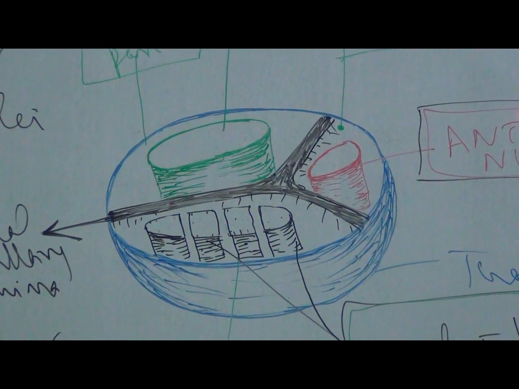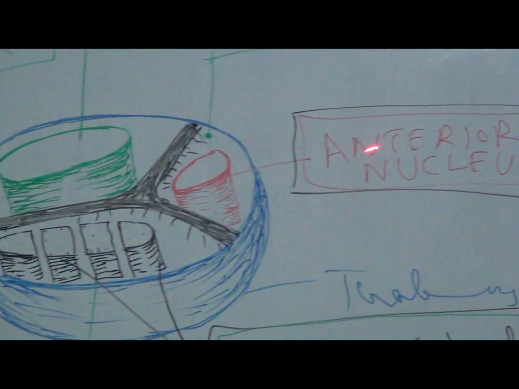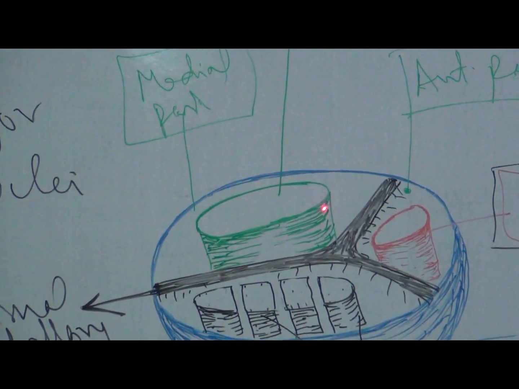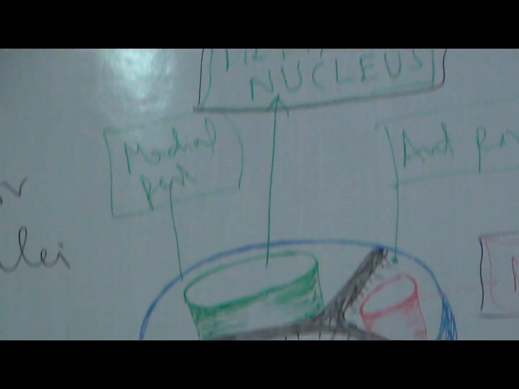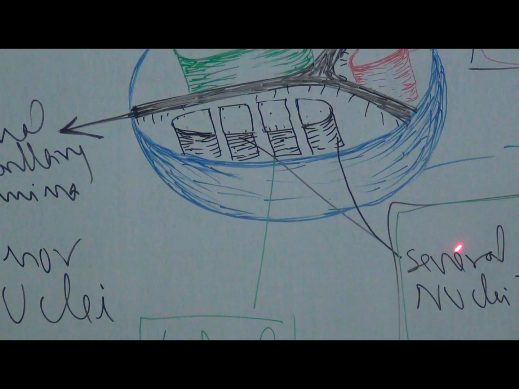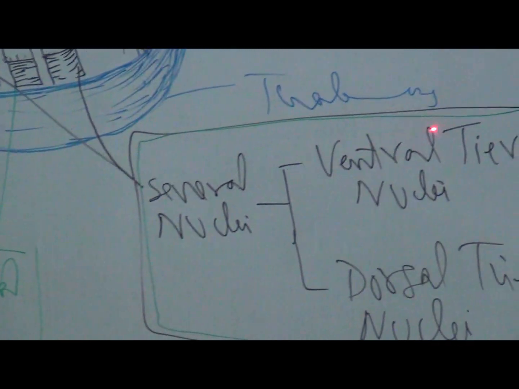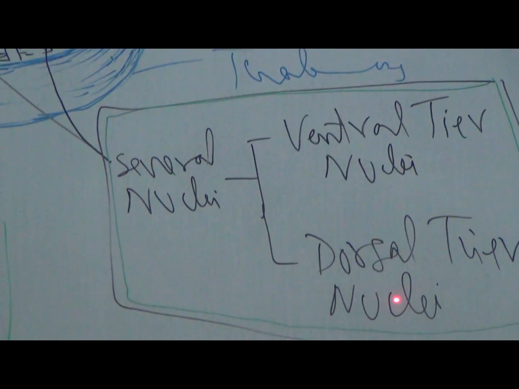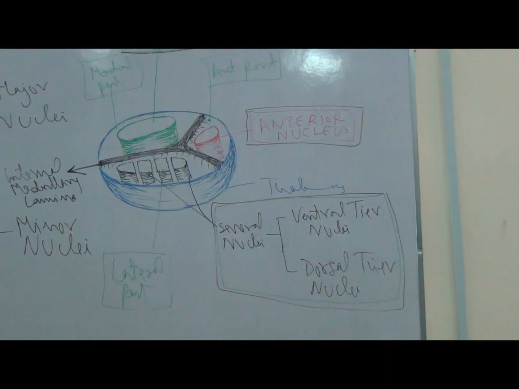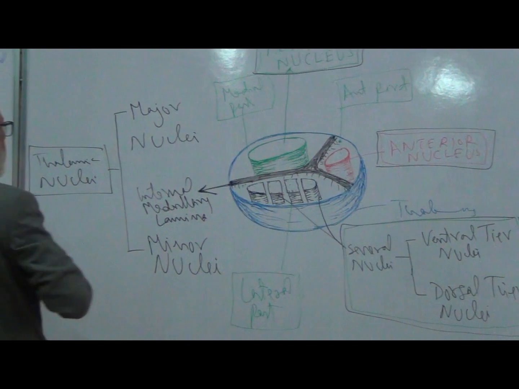In the anterior part, there is one nucleus, known as the anterior nucleus. In the medial part, again, there is only one nucleus called the medial nucleus. In the lateral part, there are several nuclei which are classified into two major parts, ventral tier nuclei and dorsal tier nuclei, which we will discuss later on in detail. So these were the major nuclei.